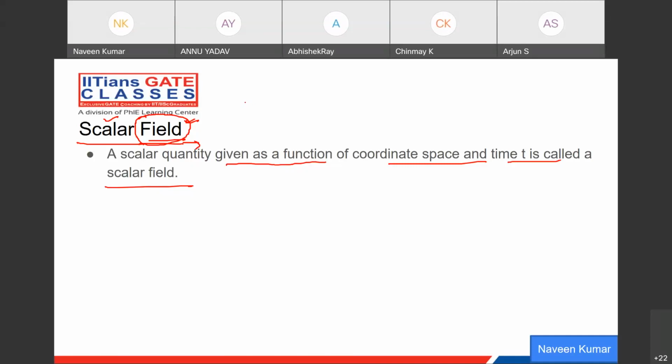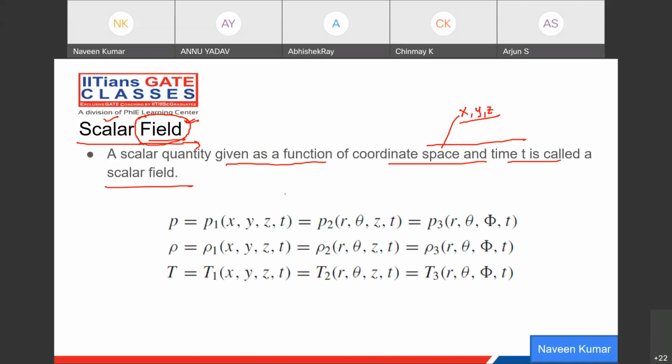If this scalar quantity is a function of space and time, what do we mean by space? x, y, z, the coordinates. At different locations, the value of the scalar quantity would be different. So that is called a function of the coordinate space, and of time. For example, pressure, temperature, and density.